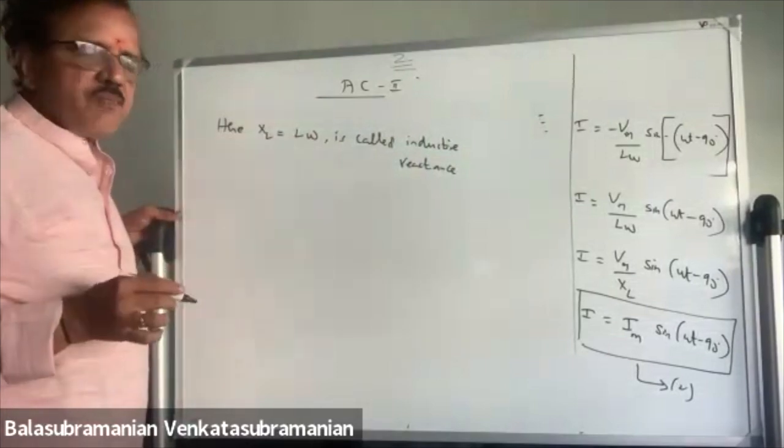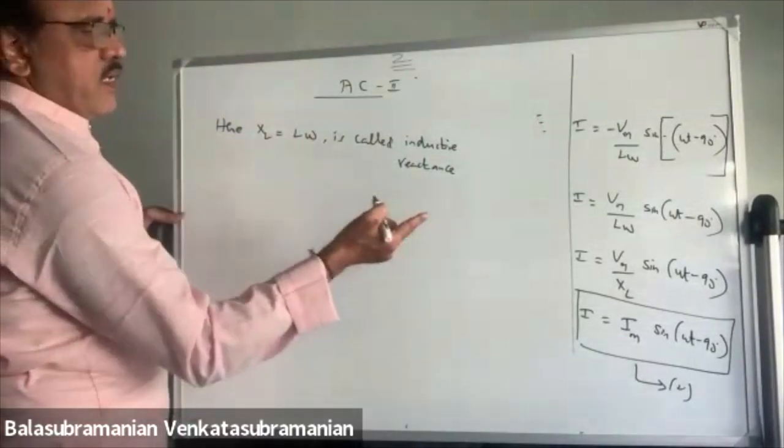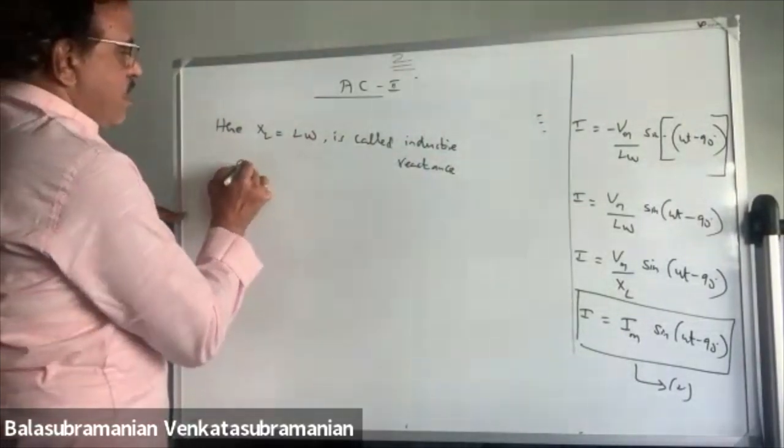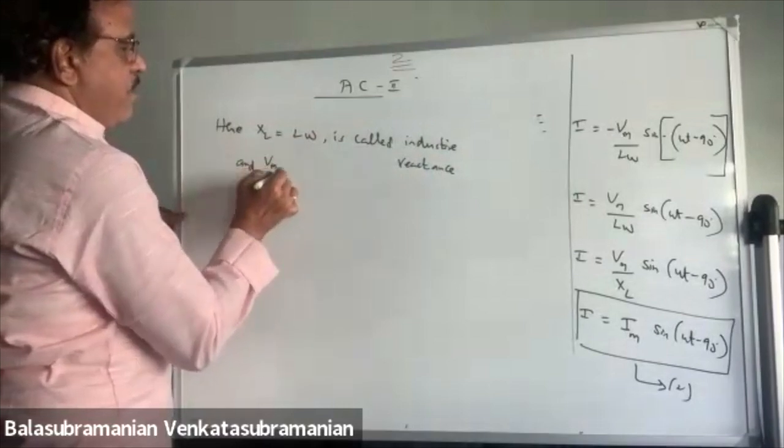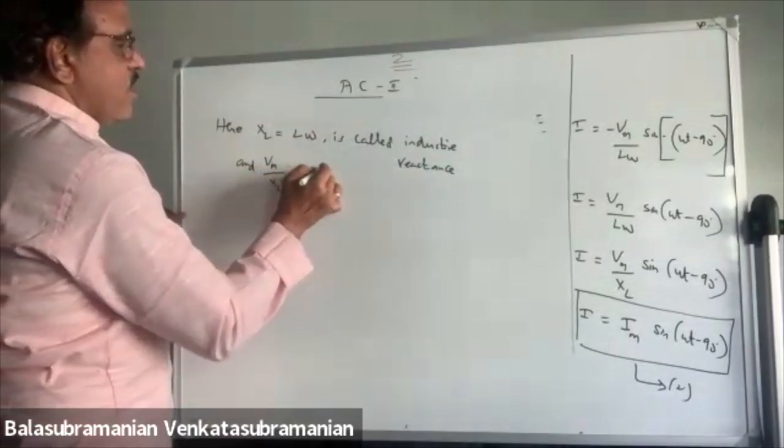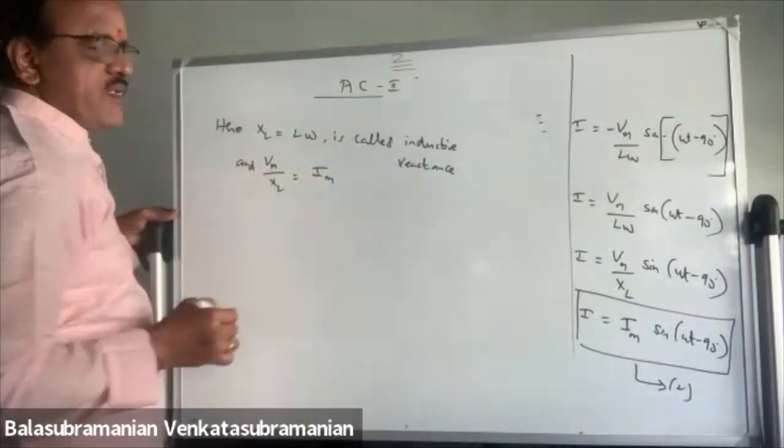That is the meaning. And Vm by XL is equal to Im, the maximum current.